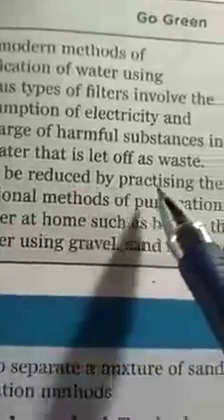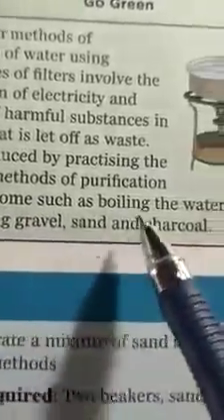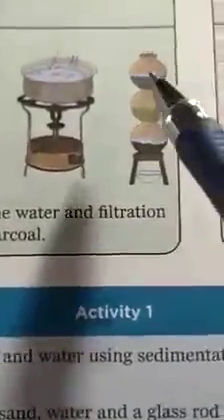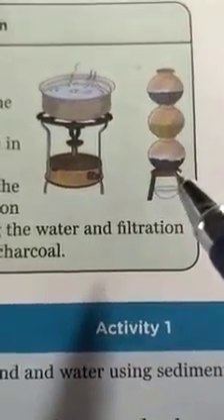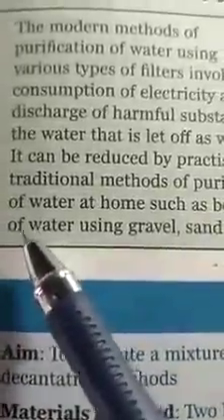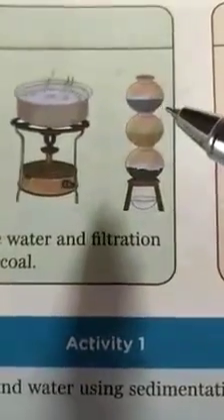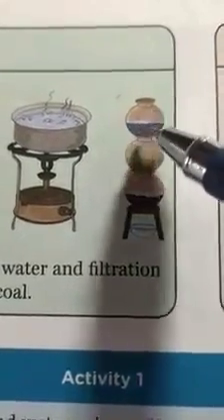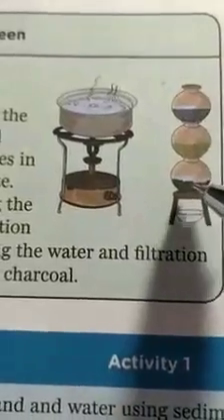This can be reduced by practicing the traditional method of purification of water at home, such as boiling of the water. I will show you boiling of the water and filtration. Dear students, in this process we purify water using gravels, sand, and charcoal. Suppose in the first pot we fill sand, in the second one we use pebbles, and in the third one we use what?